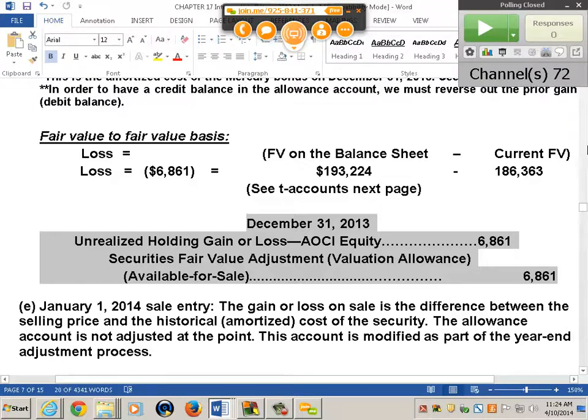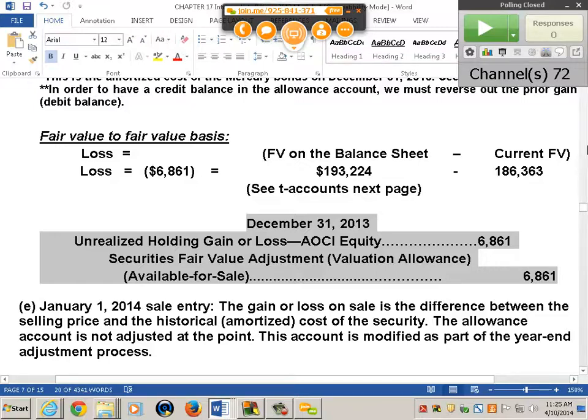of the asset. Now, the other way to do this, is there any other questions on what I have here? So I want to show you one other approach. The other way to do this, if you wanted to, is to say, well, what's the fair value on my balance sheet right now?